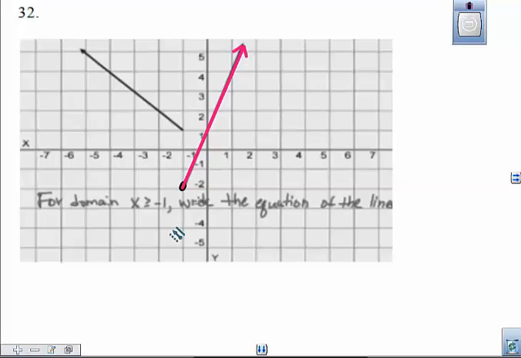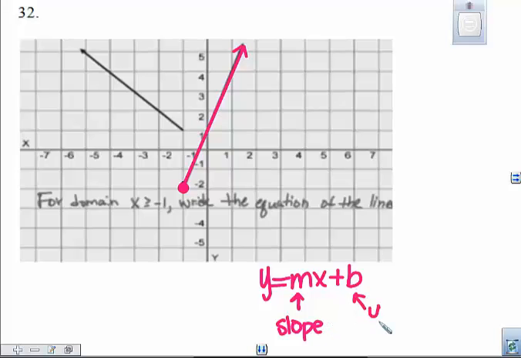Okay, so they want us to write the equation of this line. Well, equation of a line is y equals mx plus b, where m is your slope and b is your y-intercept. So we're going to look at the graph and find our y-intercept is at +1, so our b is going to be +1.